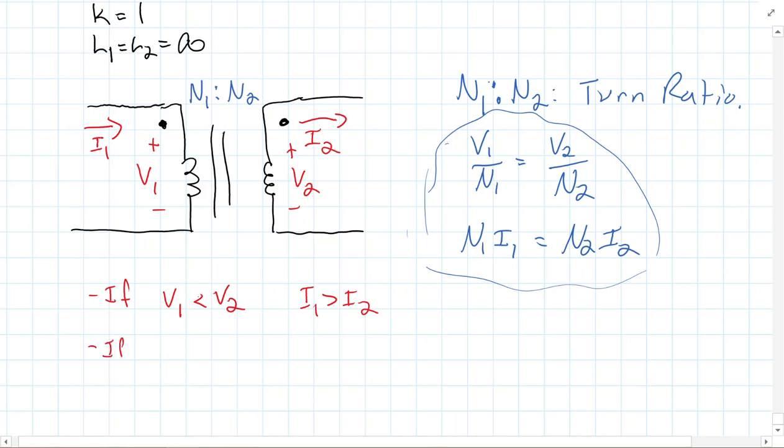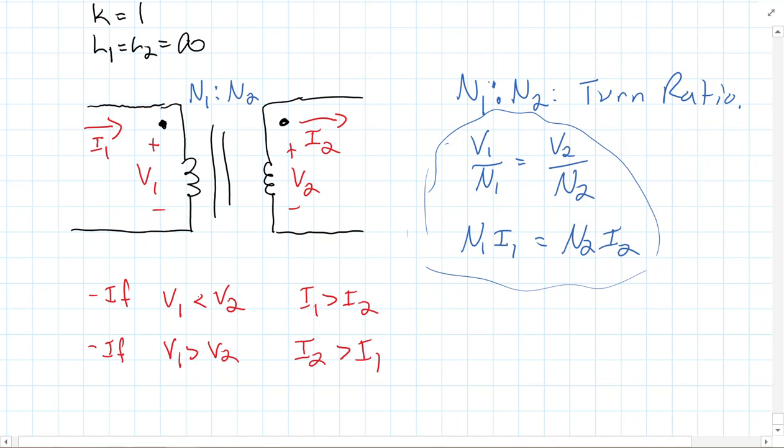Or if V1 was greater than V2, so you're stepping the voltage down, you would wind up having that I2 was greater than I1. And if you think about it just for a second, that does make sense. If we're assuming ideal cases, power should be conserved, so power in the primary loop should equal power in the secondary loop.